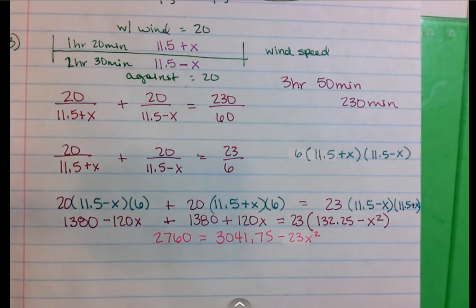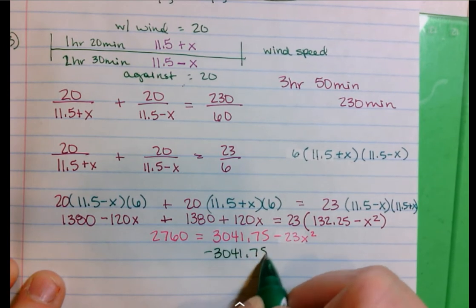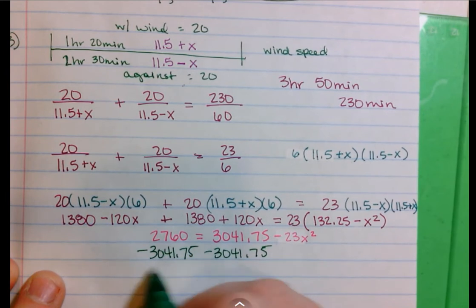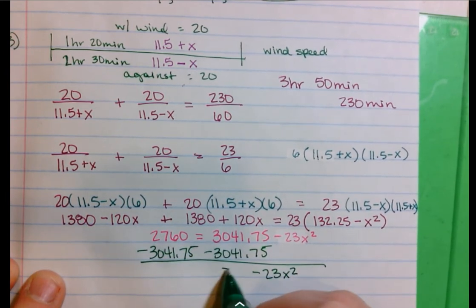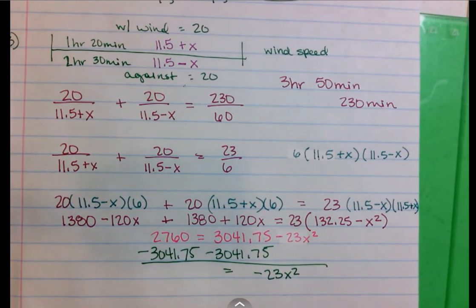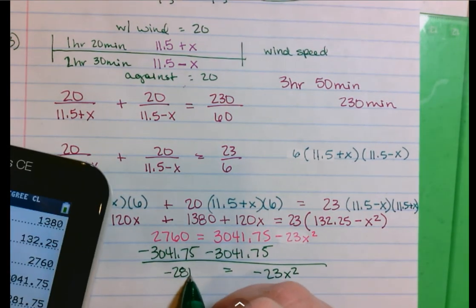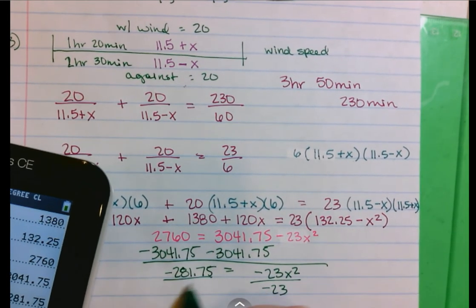So I'm going to subtract 3041.75. Negative 23x squared equals negative 281.75 divided by negative 23.